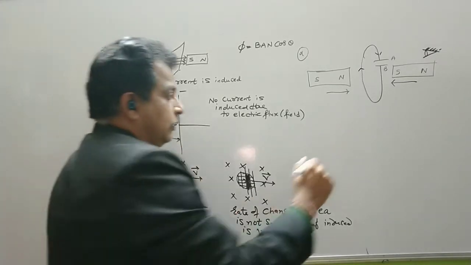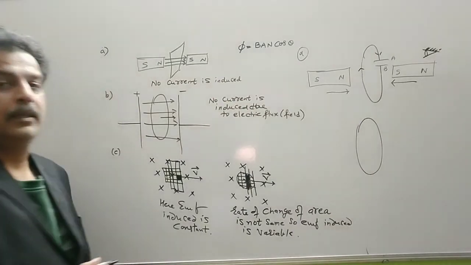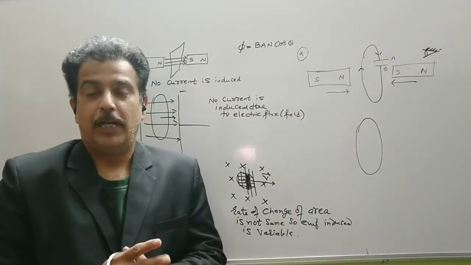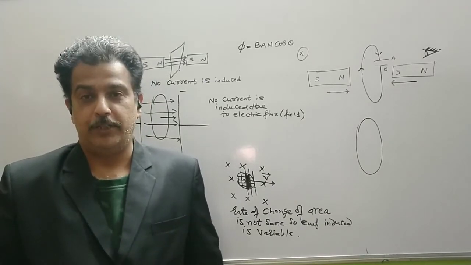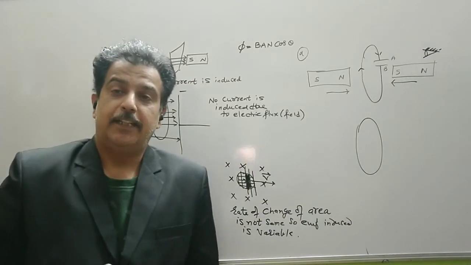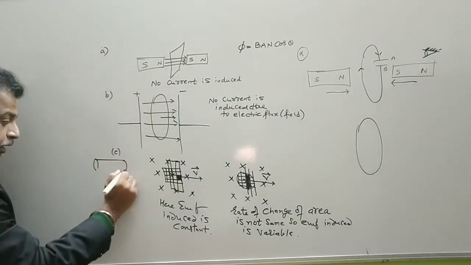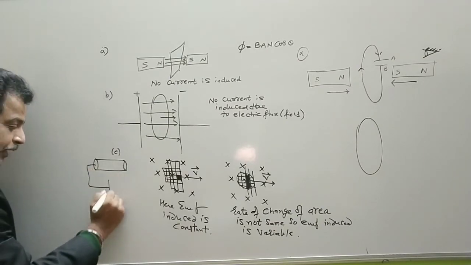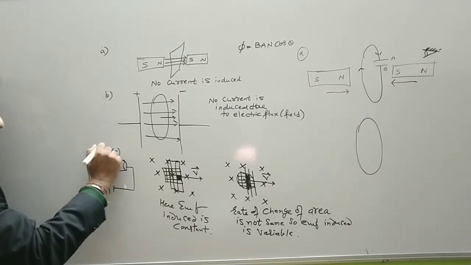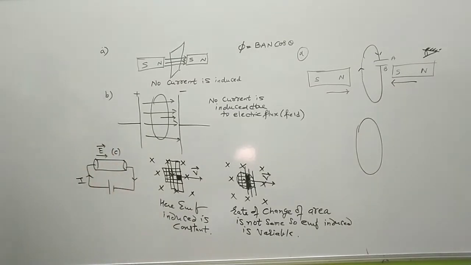Now, if the current is flowing in a loop, we know current always moves from high potential to low potential, or the direction of the current is in the direction of the electric field intensity. So if we have a conductor connected to a battery or a cell, this is the direction of the electric field intensity and this is the direction of the conventional current.